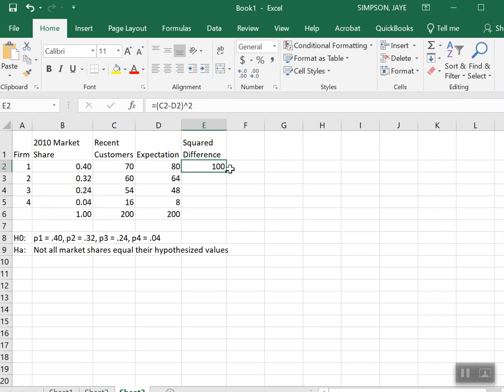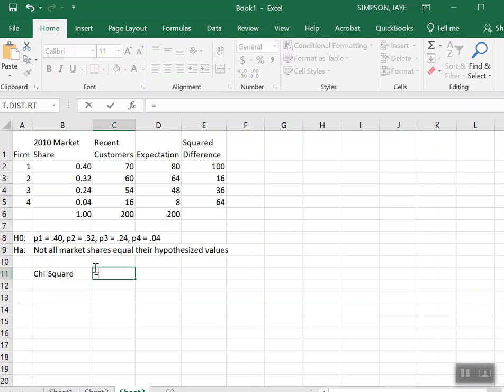So now I can just drag this all the way down through my 4 firms, my 4 categories, and I've got the squared difference for each one. So now I can come down here and calculate my chi-square test statistic, which is going to be equal to, remember, the sum of each one of those squared differences divided by the expectation.